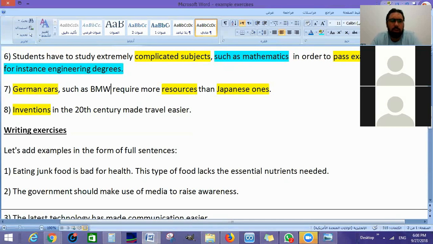Volkswagen, of course. I'm not sure if Audi is German or not. So it's Volkswagen, definitely BMW and Mercedes. Okay, such as BMW require more resources, for example, petrol than Japanese ones.